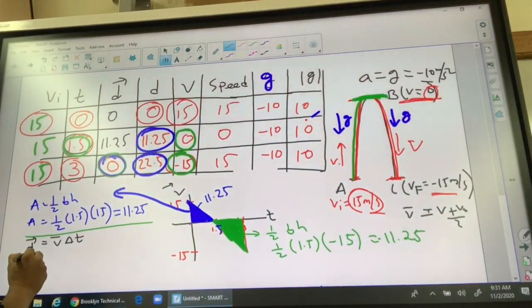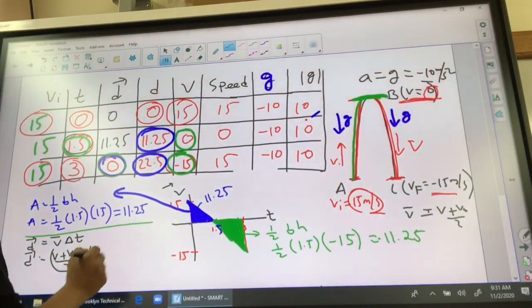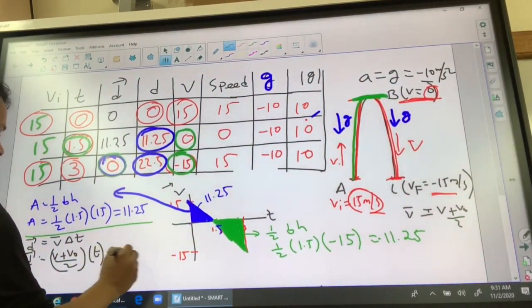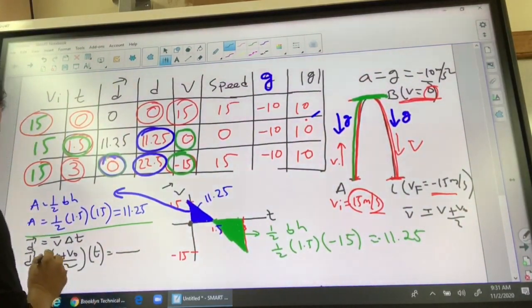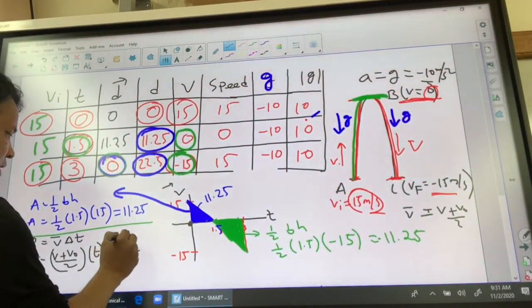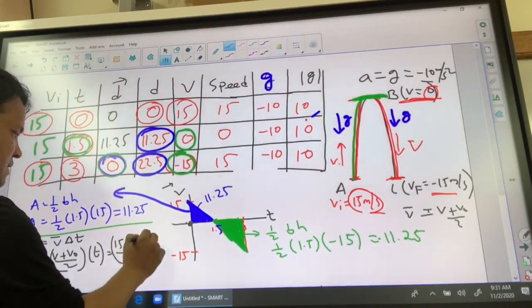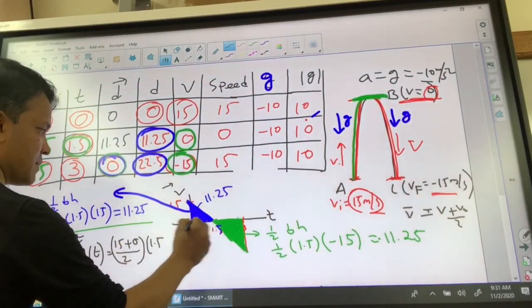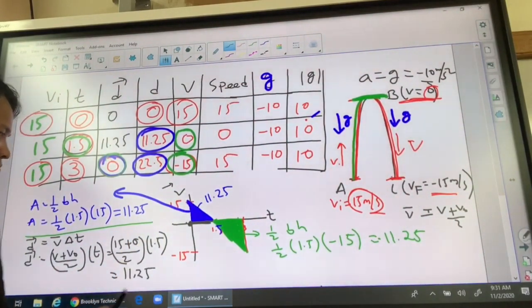So displacement is v plus v naught over 2 times elapsed time. So what is v? v is 15 and v naught is 0, over 2, times the elapsed time of 1.5 for the blue. So this is 11.25.